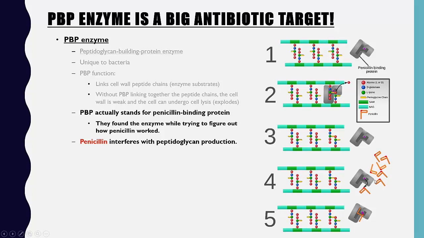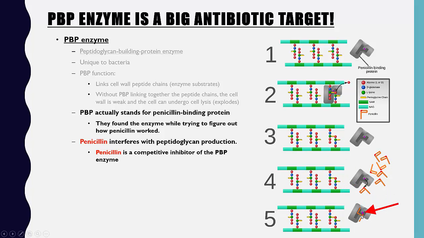So over here, we have these, they look like peas, but they're actually supposed to look like bees for beta-lactam. So these guys, penicillin, jam up the active site of our PBP enzyme, and that's what it does. So penicillin is a competitive inhibitor that outcompetes the peptide chains.